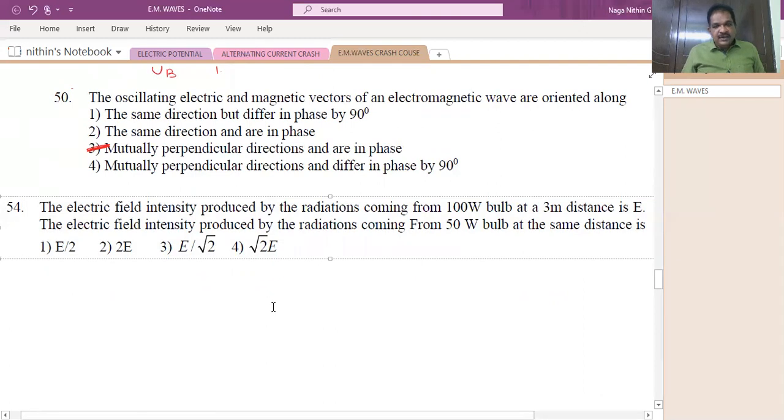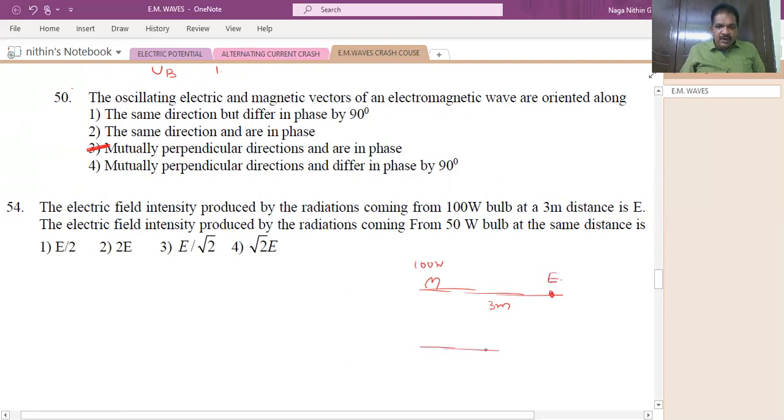One bulb, a 100-watt bulb, at a distance of 3 meters: what is the intensity E? Now the bulb power becomes 50 watt, at the same distance, 3 meters. What is the electric field intensity? That is the question.